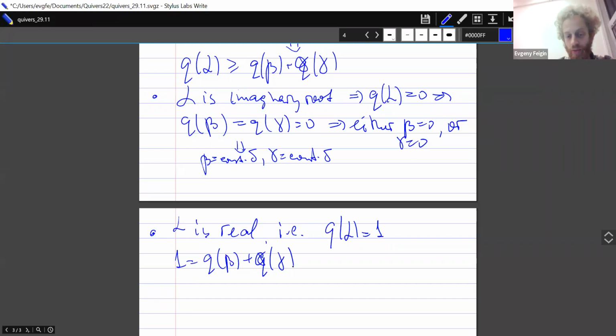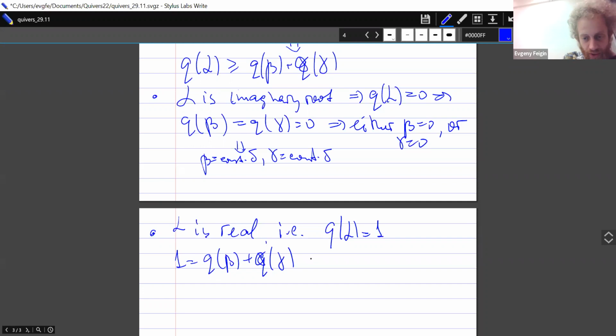So what do we know about Q of beta and Q of gamma in this situation? If their sum were 0, then we just concluded that they both are zeros, but the sum is 1. How is that possible? One is equal to 1, the other is equal to 0.